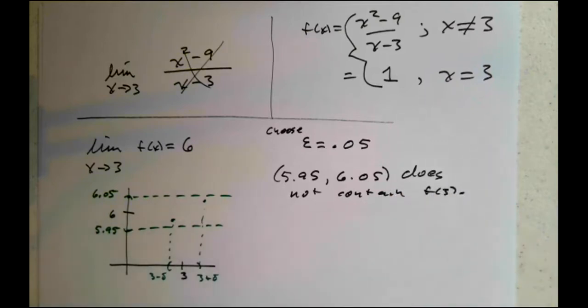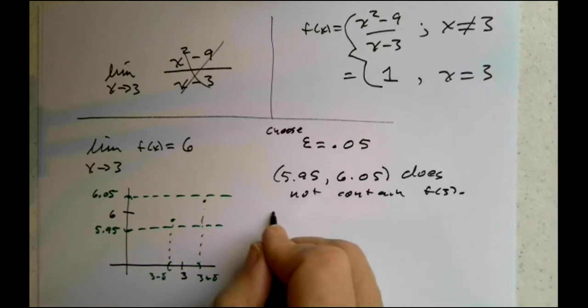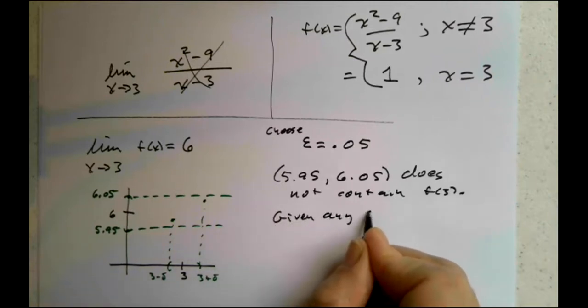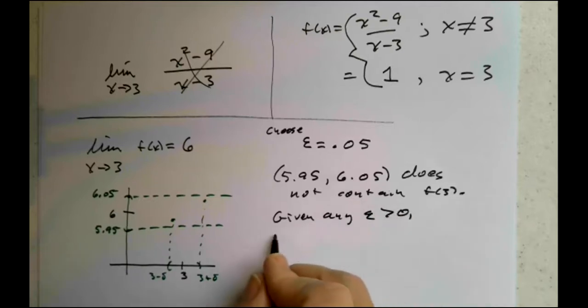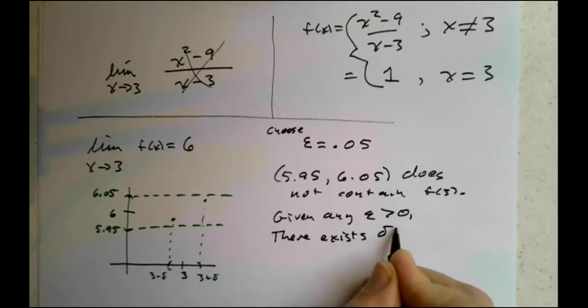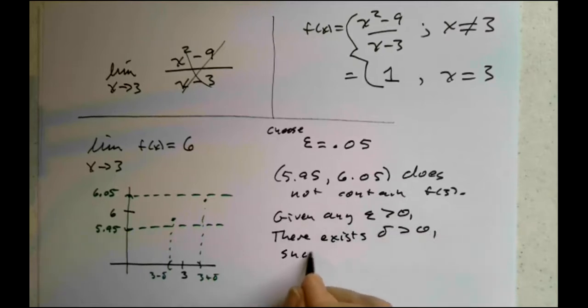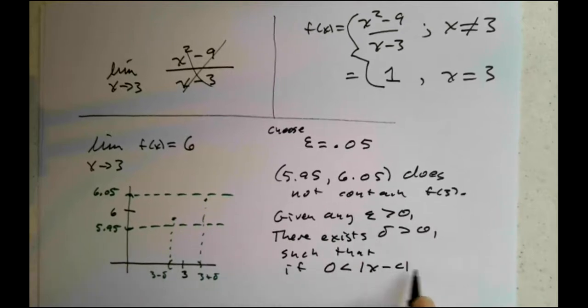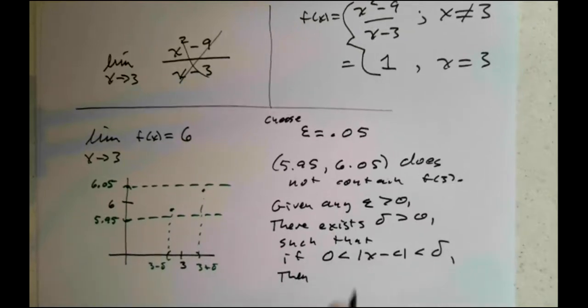That's not my concern, because what we say is, given any epsilon greater than 0, there exists delta greater than 0 such that if 0 is less than |x minus c| is less than delta, and that 0 is the key, so what happens at c, what happens at 3 here doesn't matter, then |f of x minus L| is less than epsilon.